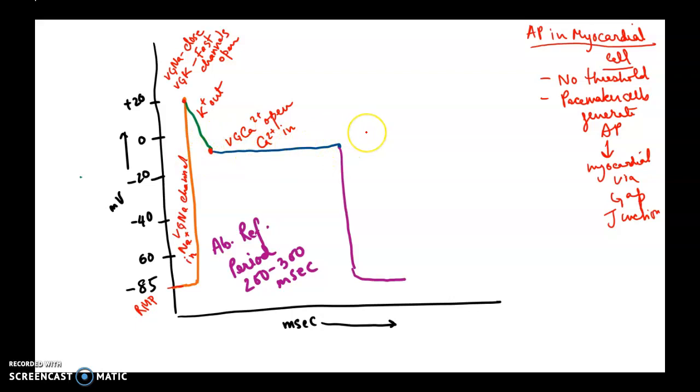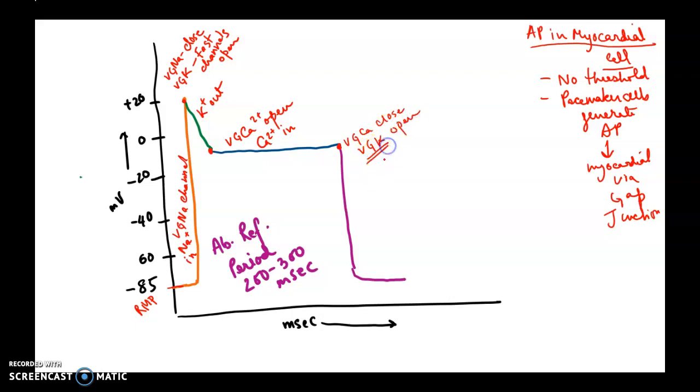Do you see the plateau in blue? That is caused due to outward flow of potassium and inward flow of calcium. And that continues for about 200 to 300 milliseconds. After that, the voltage-gated calcium channels close and voltage-gated potassium channels open.